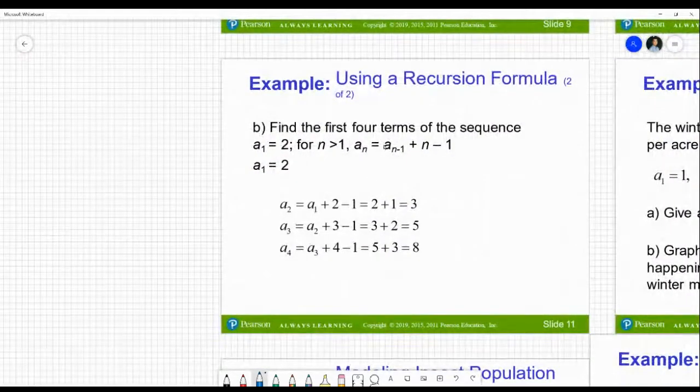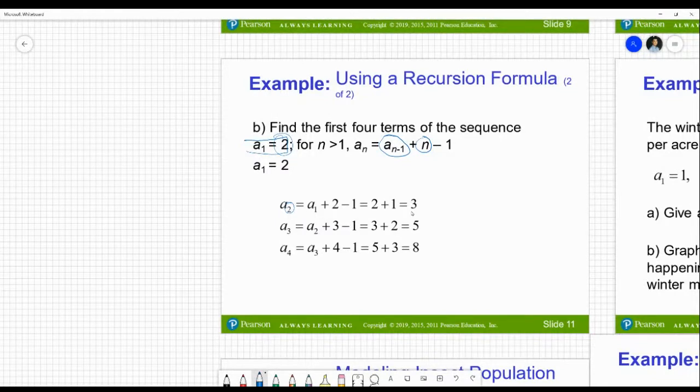Okay, find the first 4 terms of the sequence. So here we use the previous term and the term number itself. They give us the first one, which is A1. Now we need to find 3 more. So A2 is my current term, A1 is my previous term, and since I know what A1 is, I'm just plugging it in.